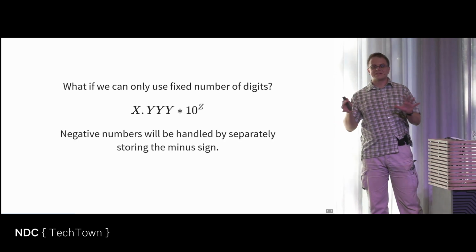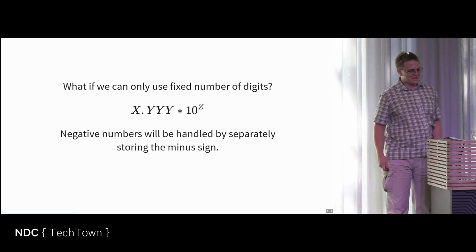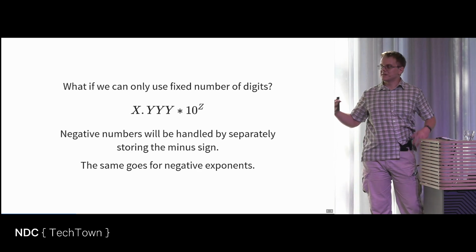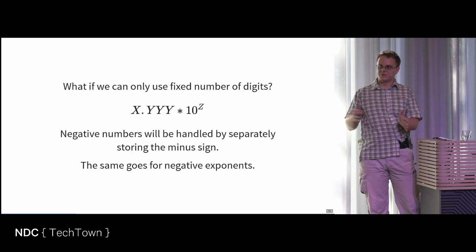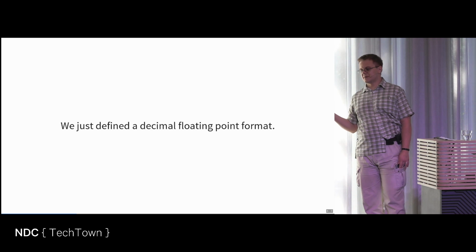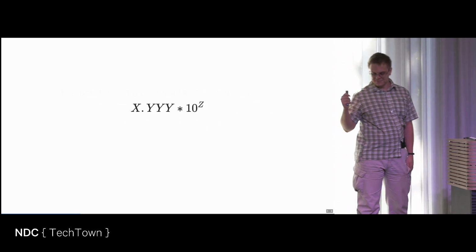For now, let's not bother. Let's say that the minus sign is just stored separately. And for negative exponents, the same. By the way, we need negative exponents so we can represent small numbers. Negative exponent, small numbers. And that's a floating point format, just in decimal. We just made one.